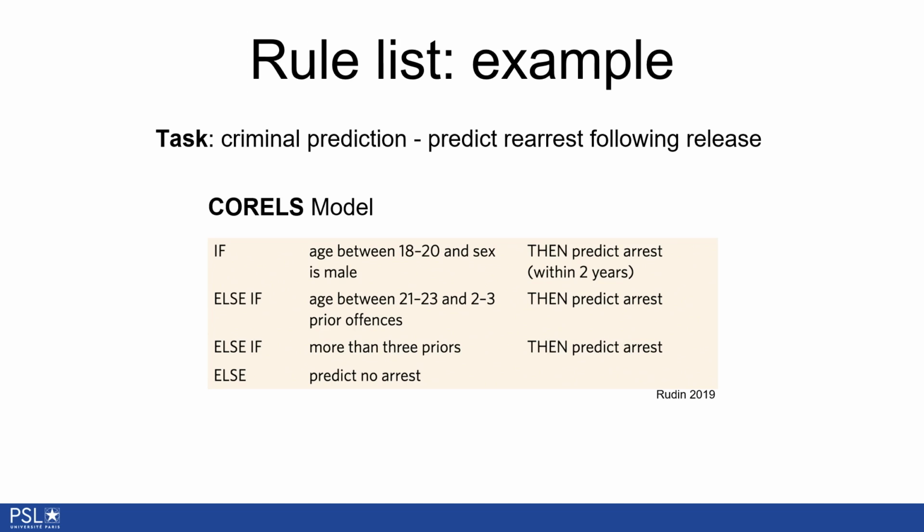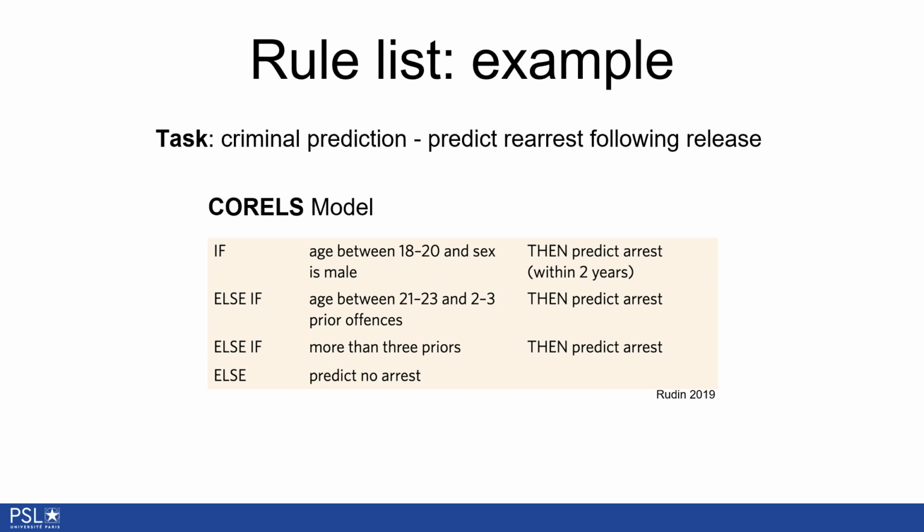If not, then if the age is between 21 and 23 and the inmate has 2 to 3 prior offenses, the model predicts high risk of arrest. If not, then if the inmate has more than 3 prior offenses, the model again predicts a high risk of arrest. In all other cases, the risk is predicted to be low.